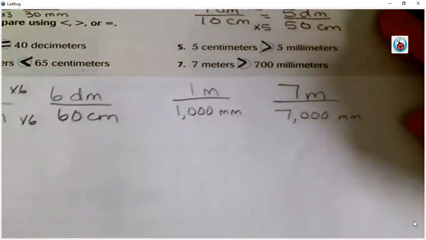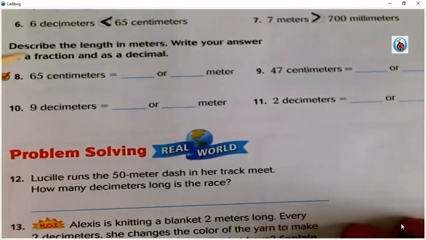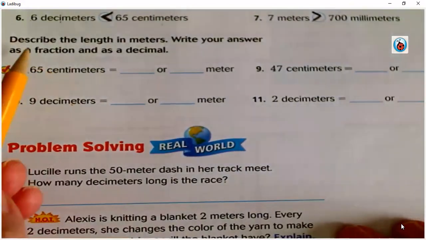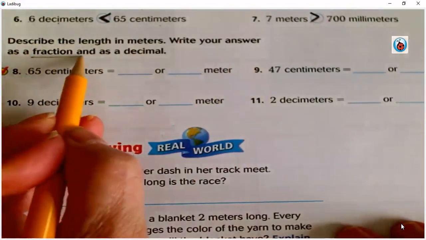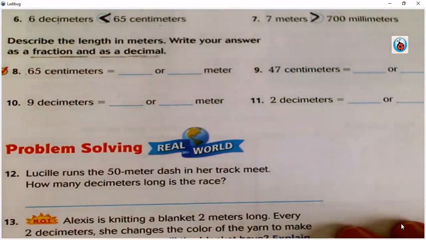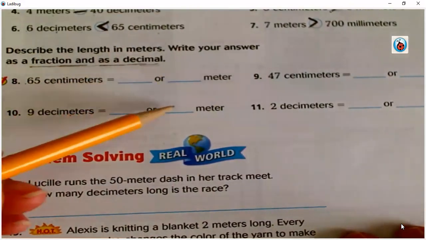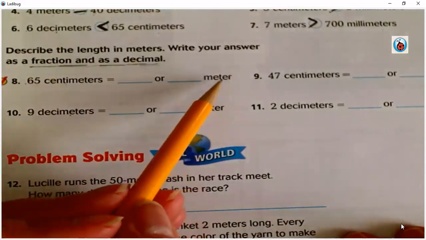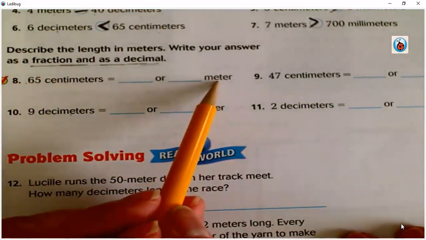All right. Now let's take a look at this. 65 centimeters. I'm going to read the directions, sorry. Describe the length in meters. Write your answer as a fraction and as a decimal. So we're going to write our fraction first and then our decimal. 65 centimeters in length is what fractional part of a meter?